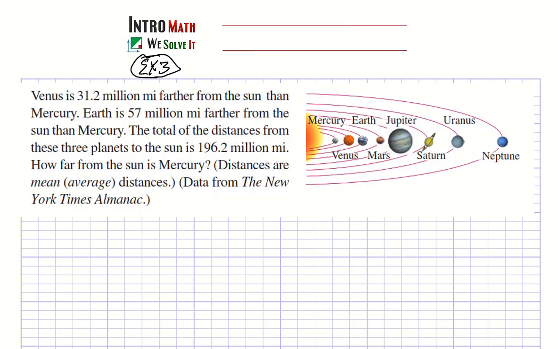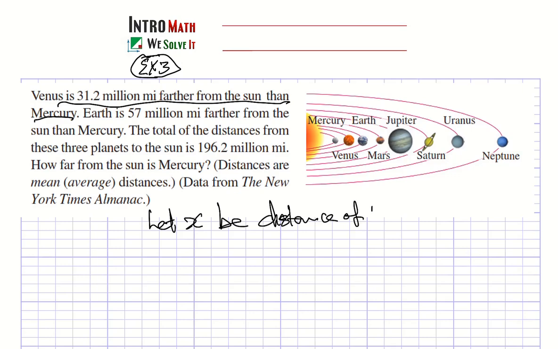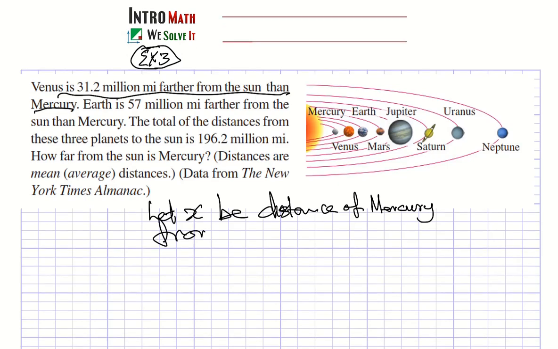So our first variable, you take your cue from here: farther from the sun than Mercury. Take your cue from there. So let x be the distance of Mercury from the sun. So the sun is not important here.